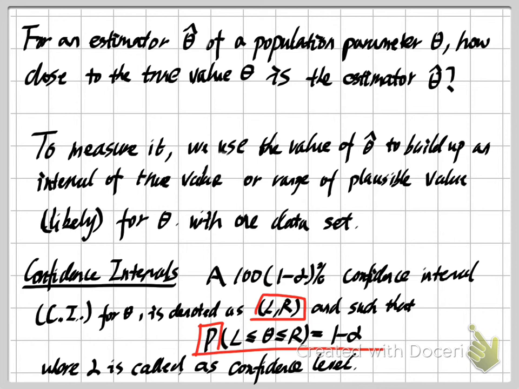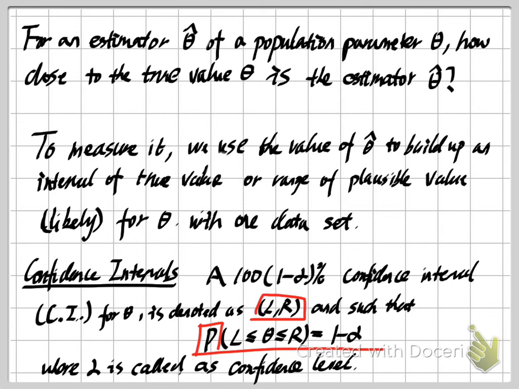Actually, in the previous videos in the probability playlist on the normal distribution, I already gave one example of how to use the table of the standard normal distribution to find the values of L and R to make the probability that a random variable is between them equal to a specific probability. So I strongly recommend you look at that video, and I will also put the link here.